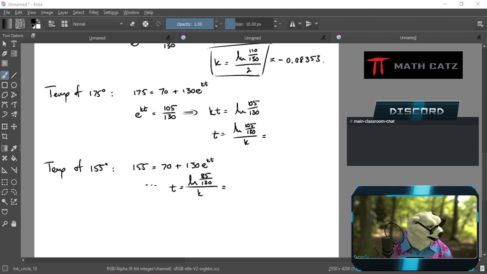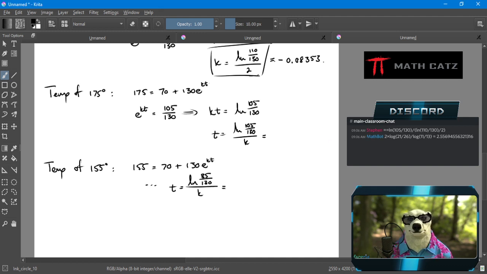Where am I now? Log for the numerator. Then I'm dividing by k, and k itself has a log function in it, 105 over 130. And then that numerator in k is divided by 2. Let's see what we get here. We get 2.56, let's say, and that's going to be minutes.